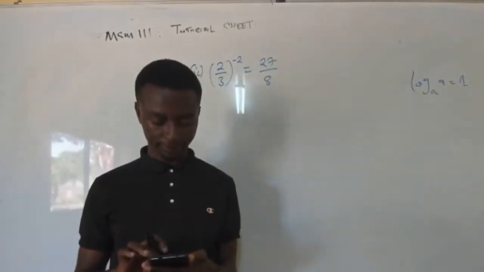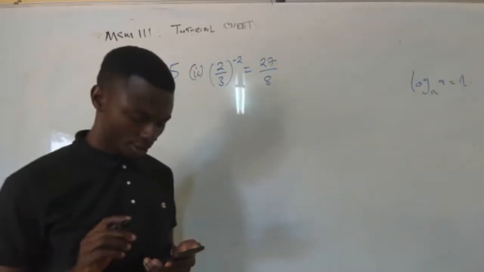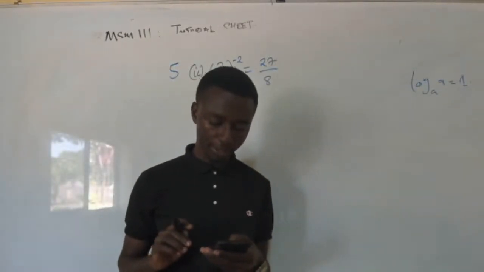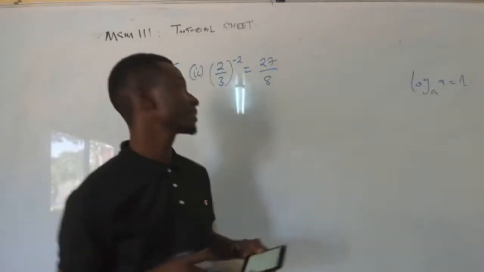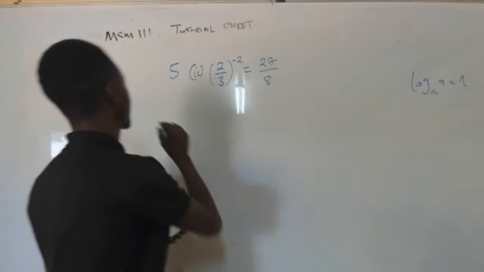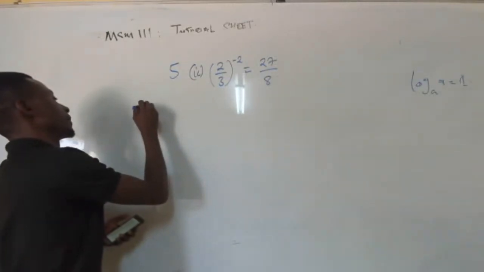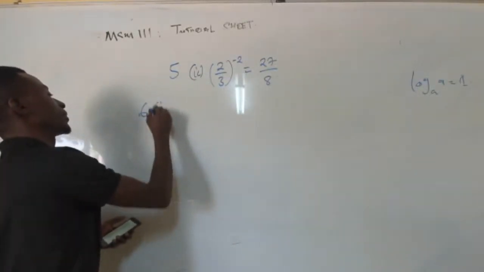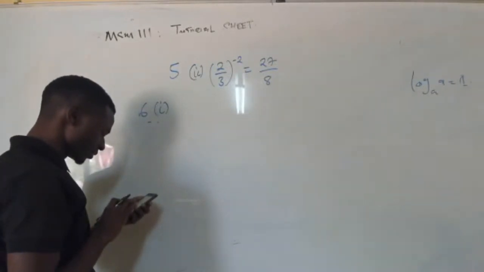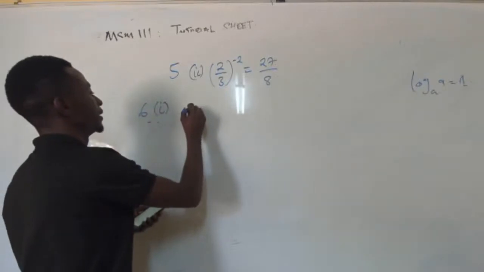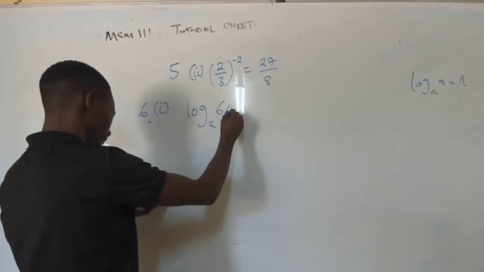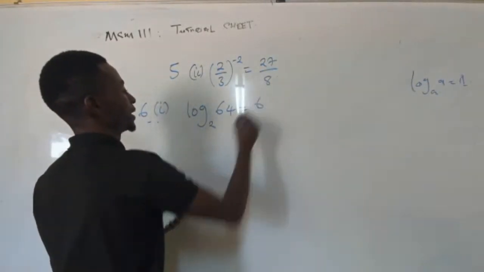Question 6. Write each of the following in exponential form. So question 6 is the opposite of question 5. Now question 6, Roman numeral 1: log 2 of 64 equal to 6.